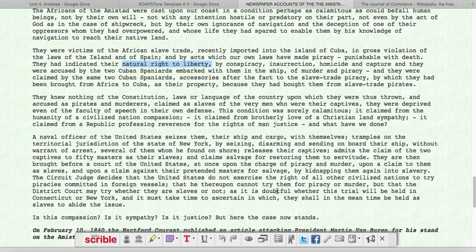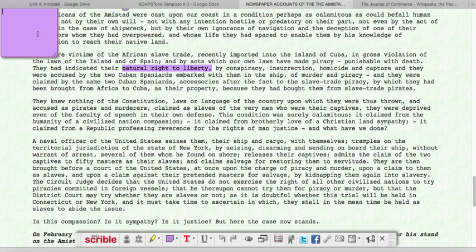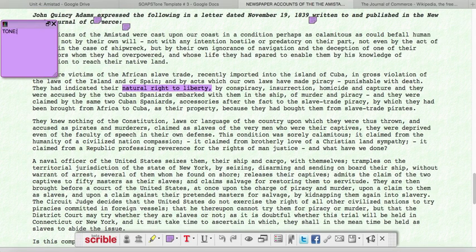So this tells us, I'm going to write a note here, the tone is abolitionist and trying to convince the readers of the rights of the Africans of the Amistad, all right?